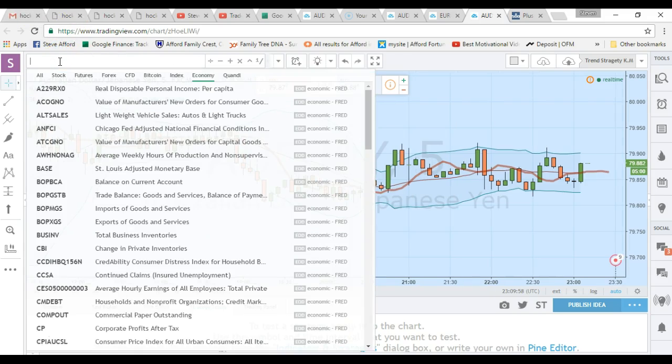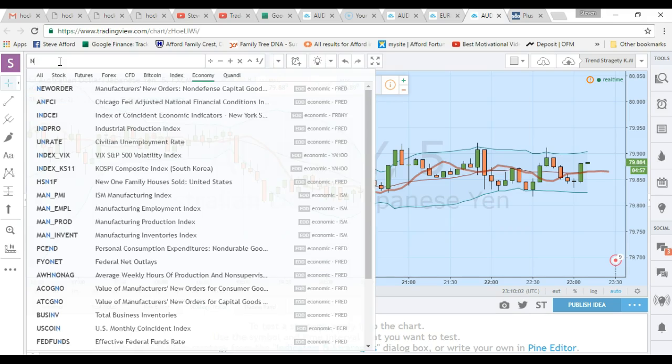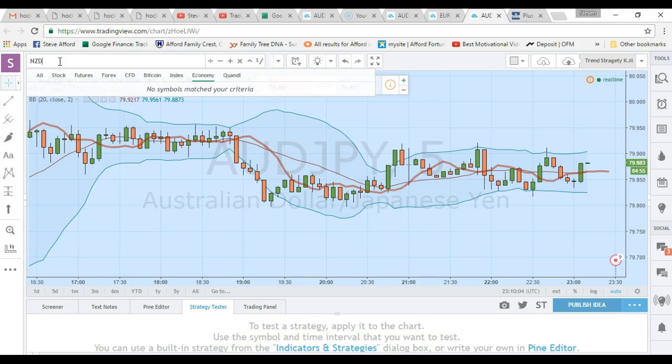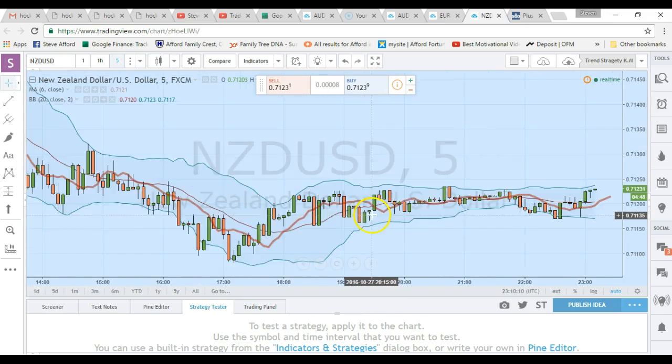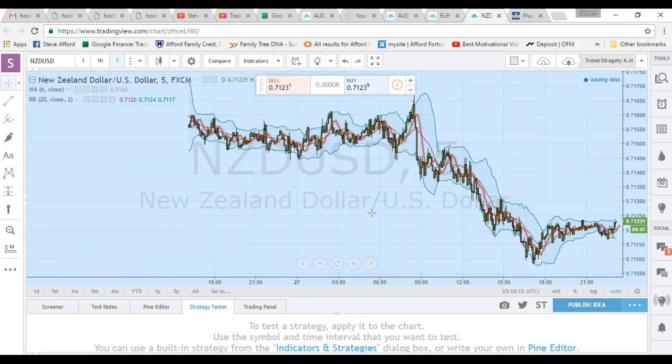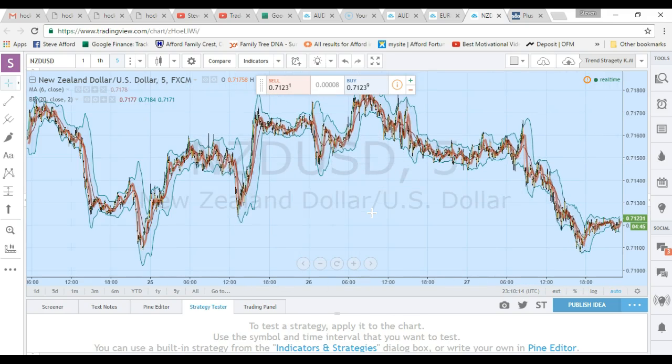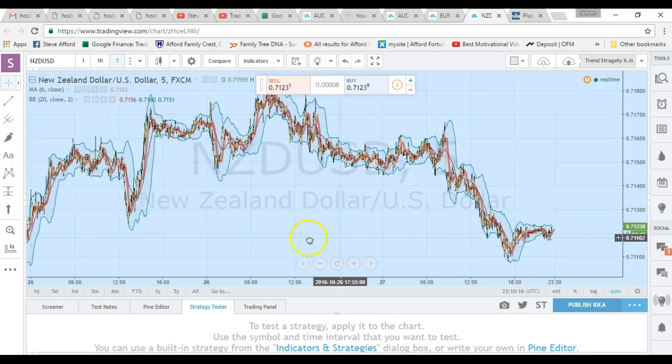Really, really sorry guys about this, but nothing seems to be working for us. Let's look at NZD against USD. Oh my God, what's happening? The market's so dreadful. Nothing seems to be working today.